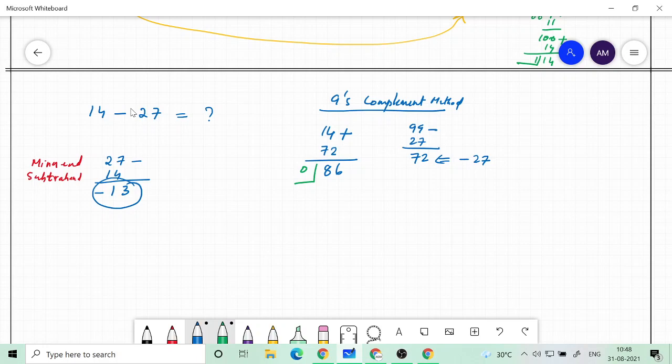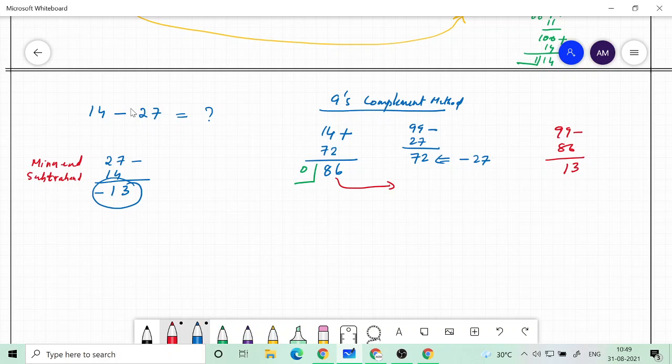Now to check whether our answer is right or not, what we need to do is take the 9's complement of this and see it in the sign magnitude form. So 99 minus 86. We will have 9 minus 6, so that is basically 3, and then 9 minus 8, it is 1.